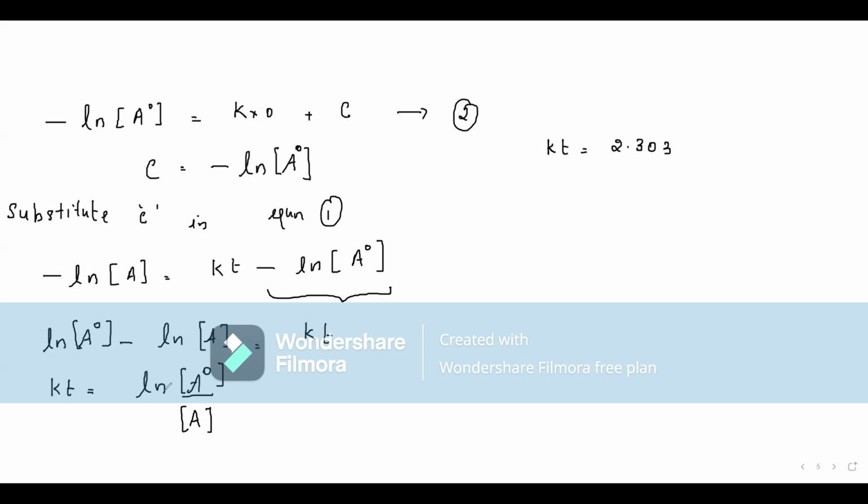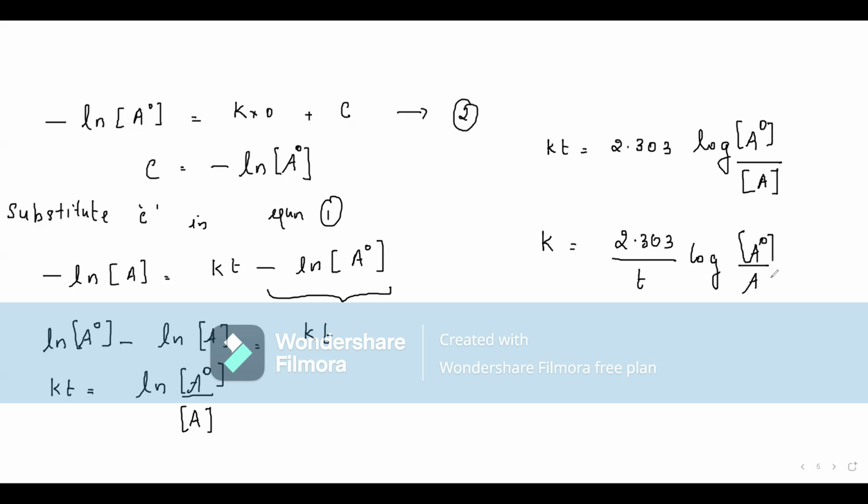To convert ln, which stands for natural log, to log to the base 10, multiply it with 2.303 log of initial concentration by concentration at time t, what remains at time t, not what is over. So K is 2.303 by T log A naught by A.